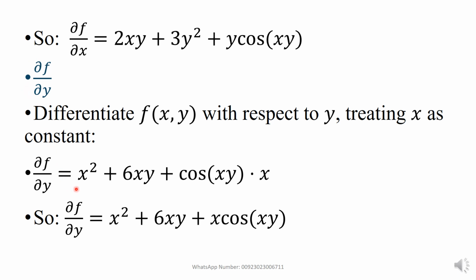So partial f upon partial y equals x squared plus 6xy plus cos xy times x, because the inner derivative with respect to y gives x. This is the final answer.